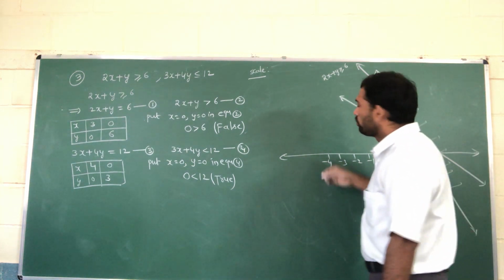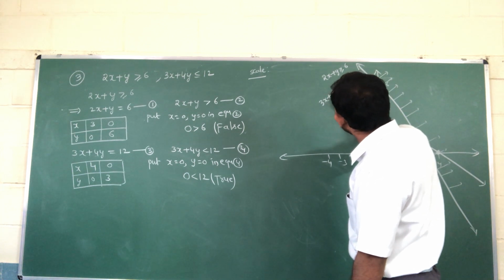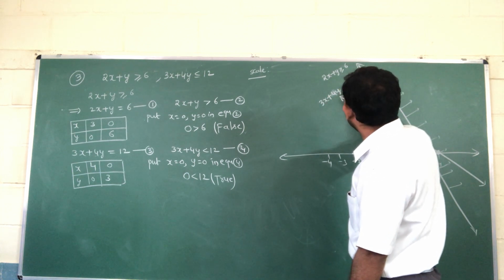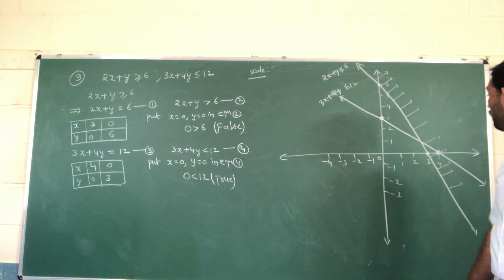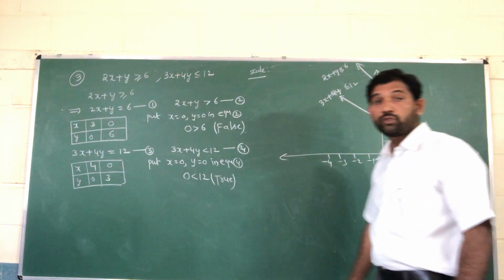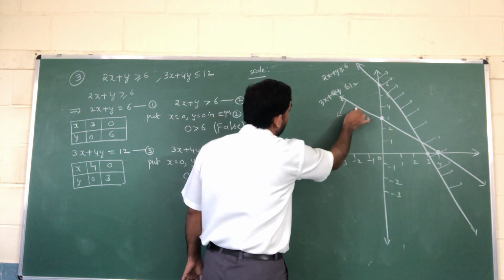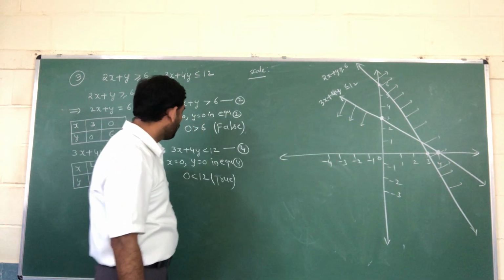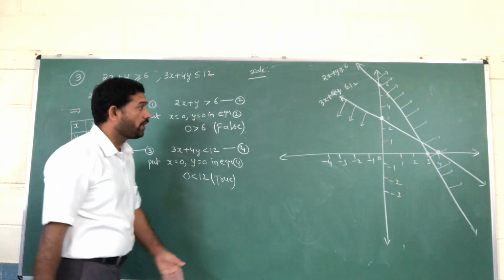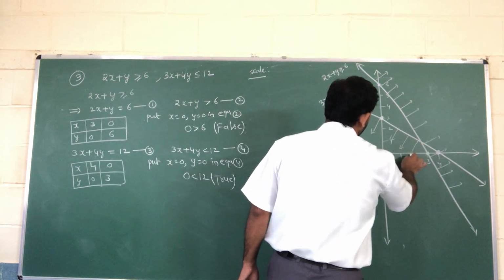So 3x plus 4y less than or equal to 12. Next, is it true or false? True means the solution is towards the origin. 0 less than 12 is true, so the solution is towards the origin.